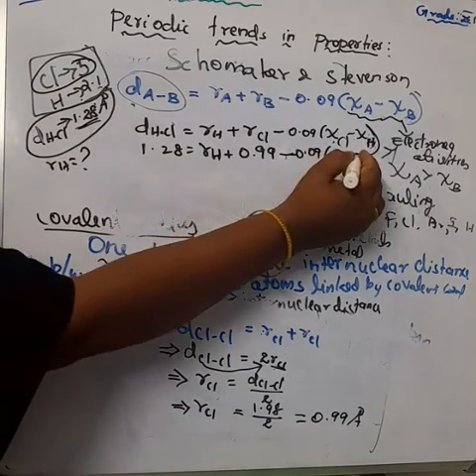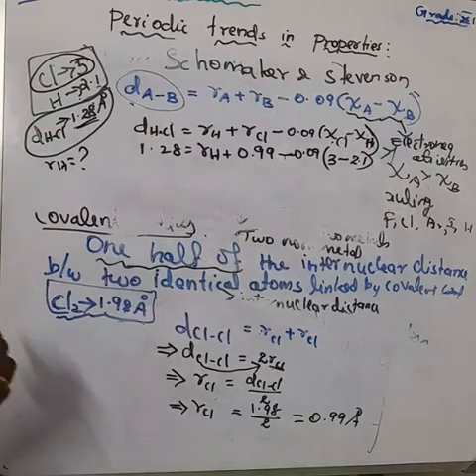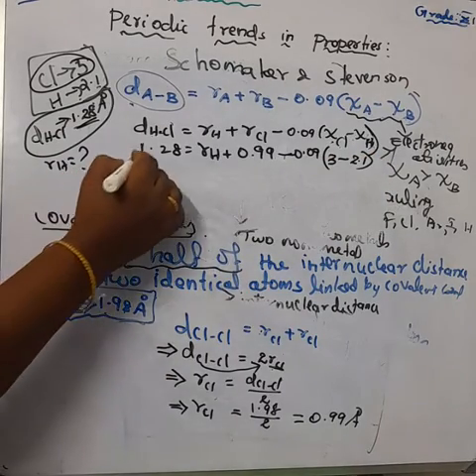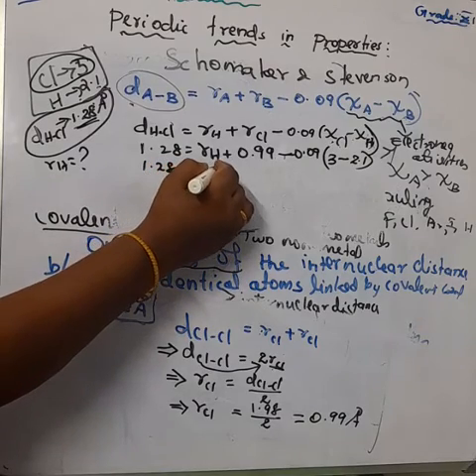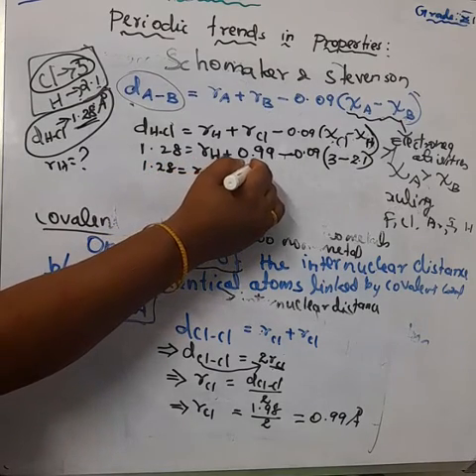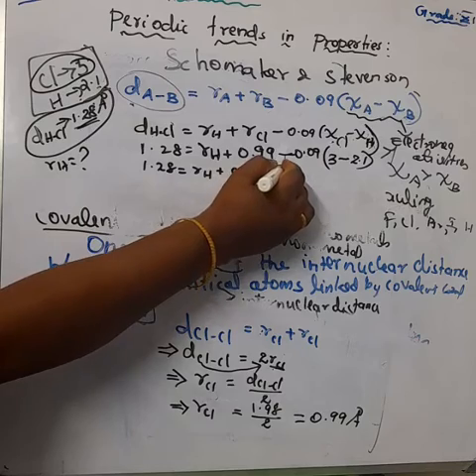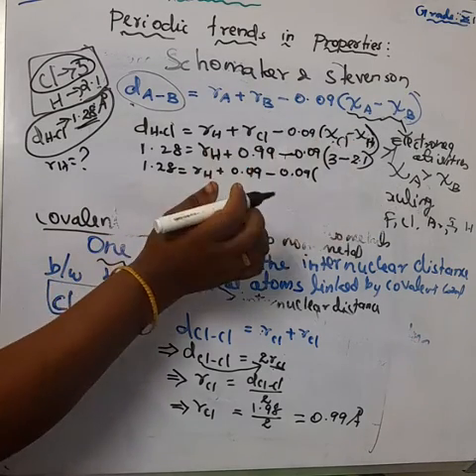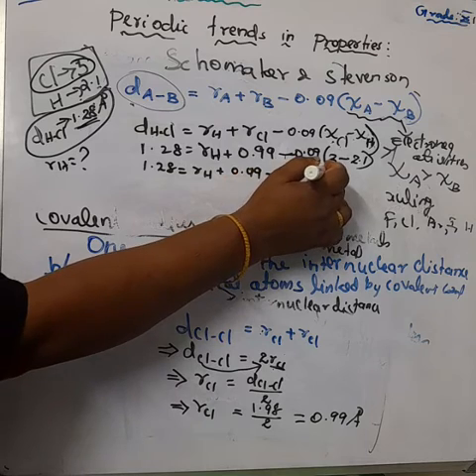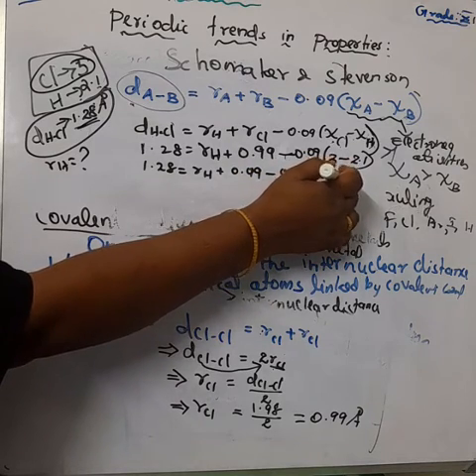So 1.28 is equal to R_H plus 0.99 minus 0.09 into (3 minus 2.1), which is 0.9.